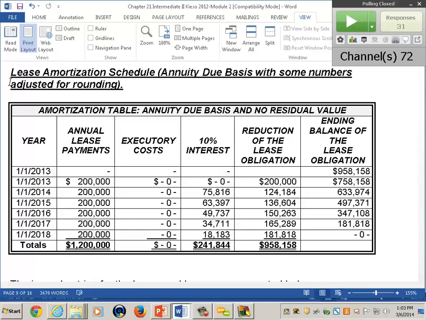The other issue here is a little terminology. You sometimes call the sum of the lease payments the gross investment in the lease. A lot of textbooks do this, where they set up the receivable at the gross amount.